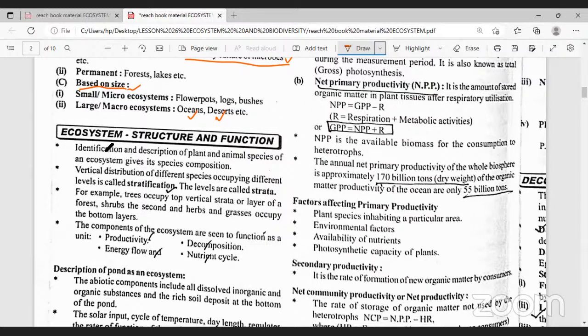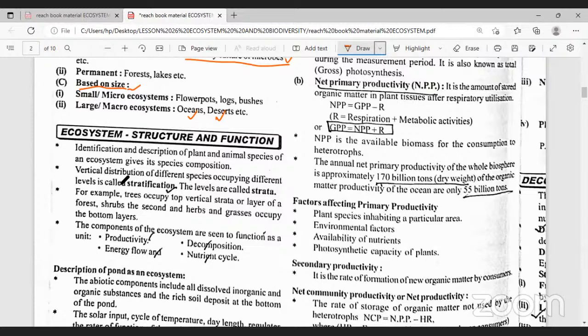First of all, identify and describe the plant or animal. Take an example: any one of the fish is one of the animals present in the ocean or pond or river, like that. And the animals, for example lion, tiger, whatever it may be. These are all animals.